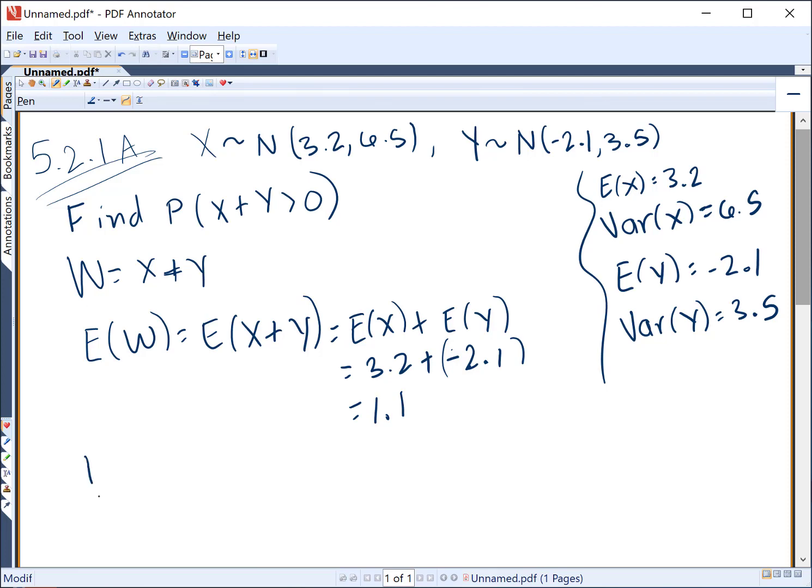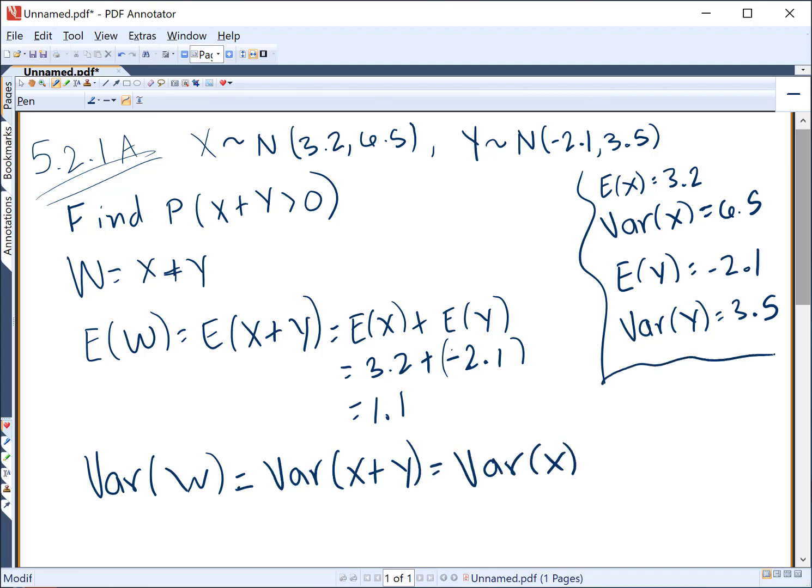1.1. The variance for our new combination, the variance of w, would be the variance of x plus y, which equals the variance of x plus the variance of y. Well, the variance of x is 6.5.